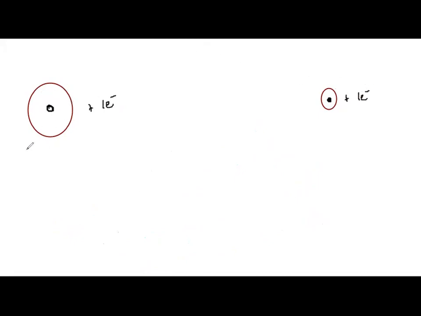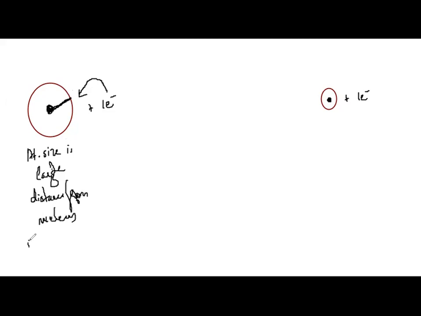See, since the atomic size is large, just imagine I want to add this electron here. Since the atomic size is large, the distance of the electron from the nucleus is more. So as the distance is more, or I can say as atomic size is large, this nucleus cannot attract this electron very easily.